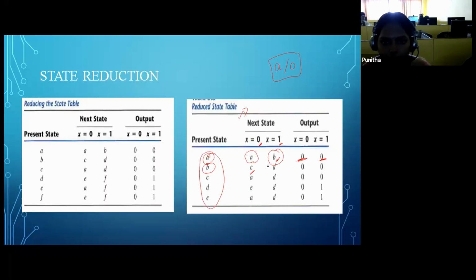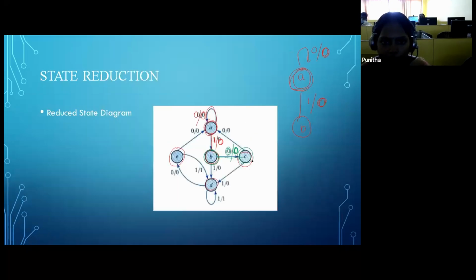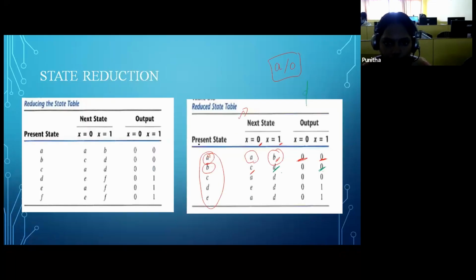Next, for the same state, we will apply 1. The next state will be D and the output will be 0. So for B, if I apply 1 as input, the resultant I will get is D 0. Next we look at the C state.